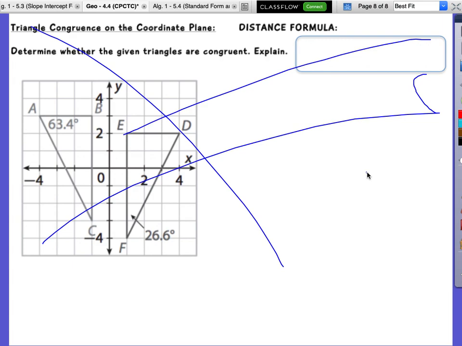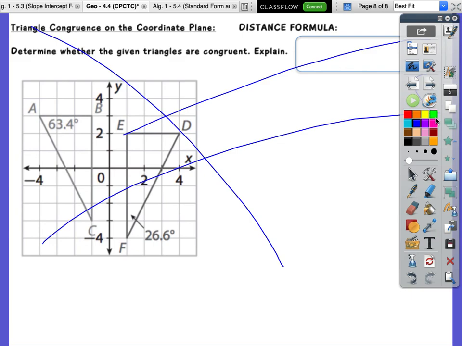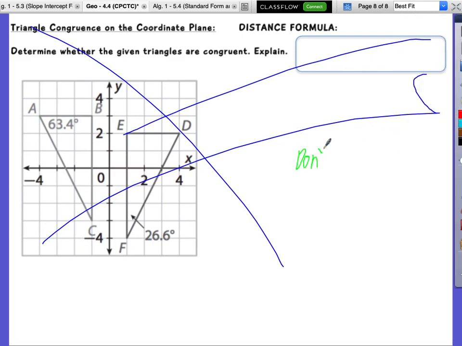Hey, some information that might be pertinent to you. What's pertinent mean, guys? Useful. Important or useful. Valuable to you.